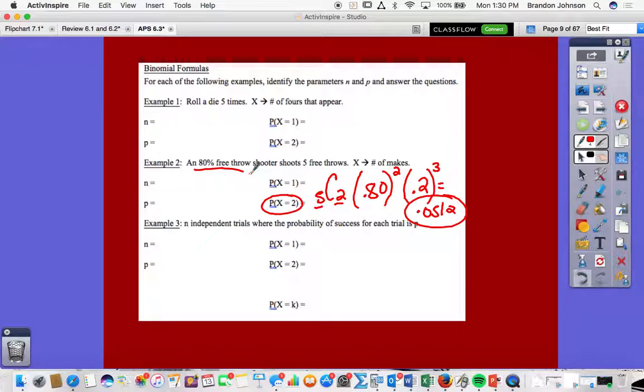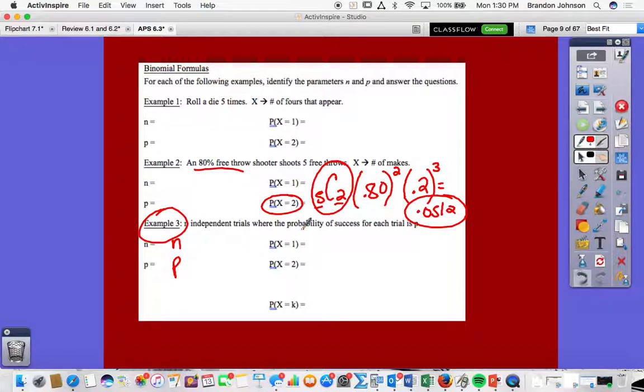So with that all being said, example 3 is kind of the big part that I want to hit on here. The fact that N is independent trials, again, this is our binomial distribution that's here, to find the binomial, what we call binomial coefficient right here. What we want to do here is we know that N is N, P is P, right? This doesn't actually give us an example here.